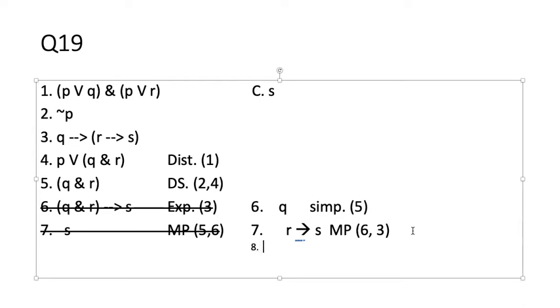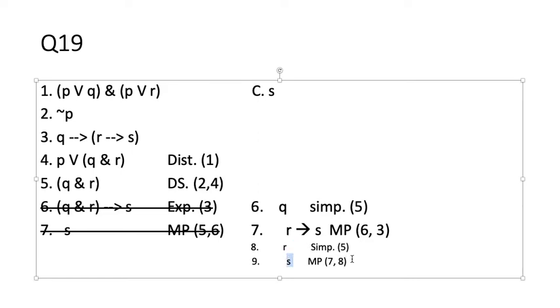I can do simplification on line 5 again to get R. Now I can do modus ponens, again modus ponens 7 and 8 to get S.